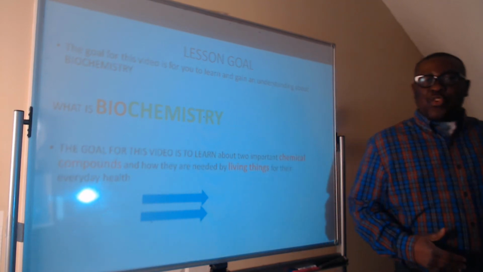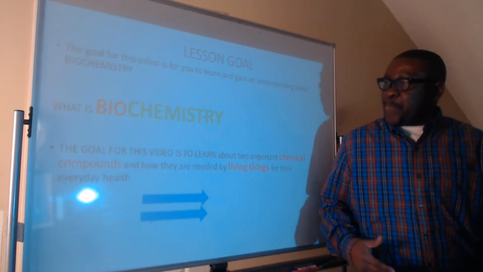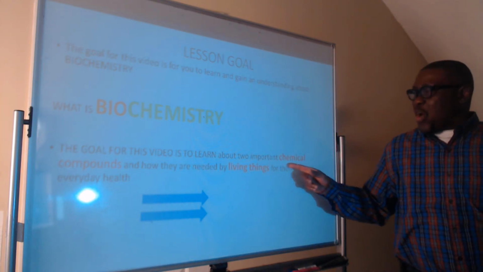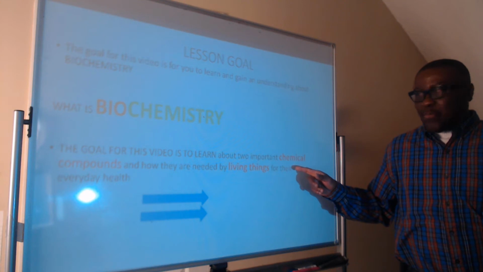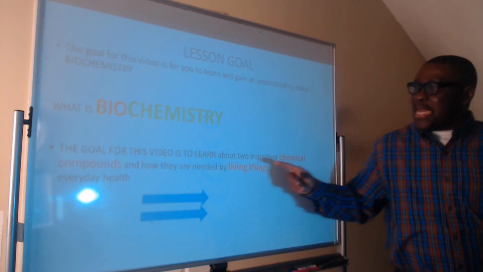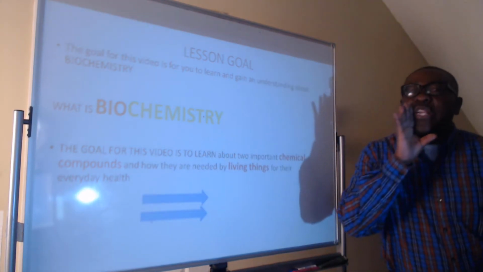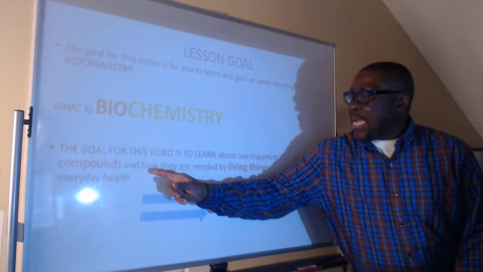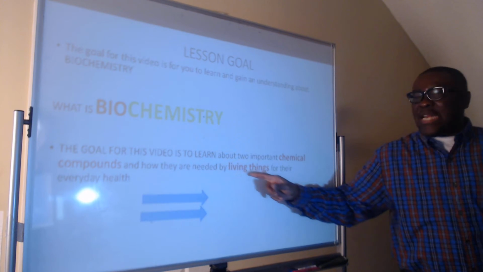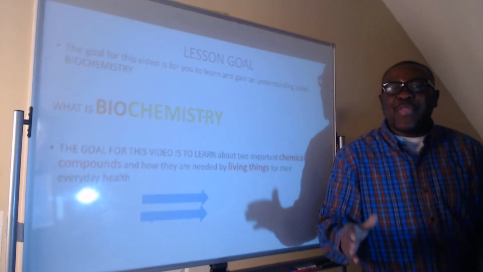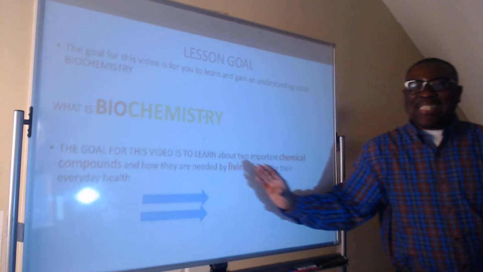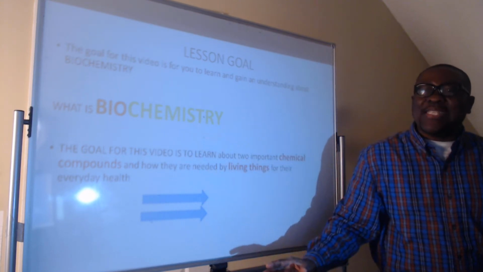First of all, let's look at the script I have written on here. It says your goal for this video is to learn about two important what? Chemical compounds. Notice chemical compound is written in red. And how they are needed by what? Living things. Notice living things is also written in red. So when you read these complete sentences, what are the key words in these sentences?